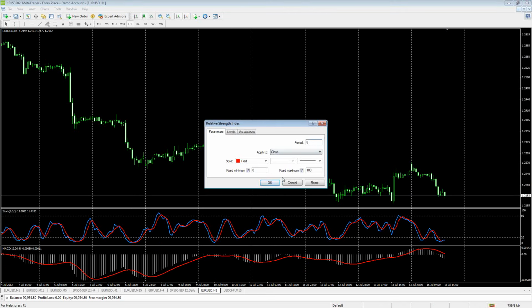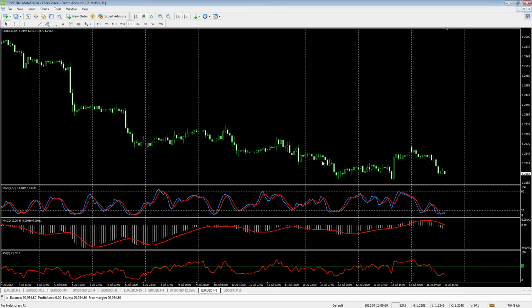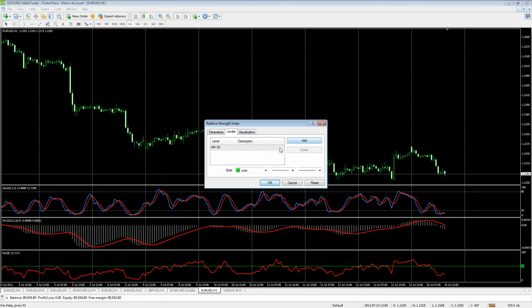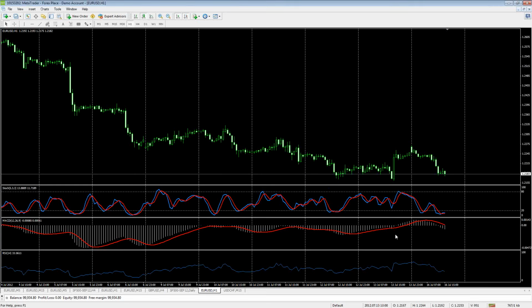Let's add a faster RSI, like 8. Just a sec. I used to work with RSI a few years ago, but I stopped, and I prefer the stochastic and the MACD. For me, they give added value to the RSI.